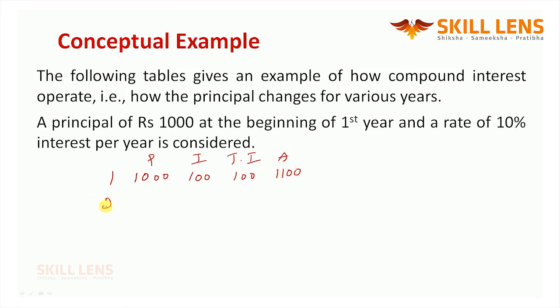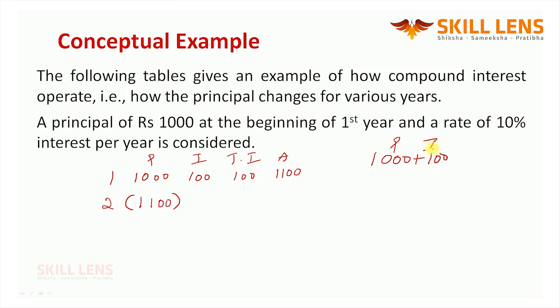If you talk about the second year, this is where a lot of people get confused. What is the principal here? Yes, the new principal will become your amount. What is your new principal? 1100. Why is it becoming 1100? It's very simple. Once you are calculating for the second year, this is your principal, and what is your first year's interest? 100.